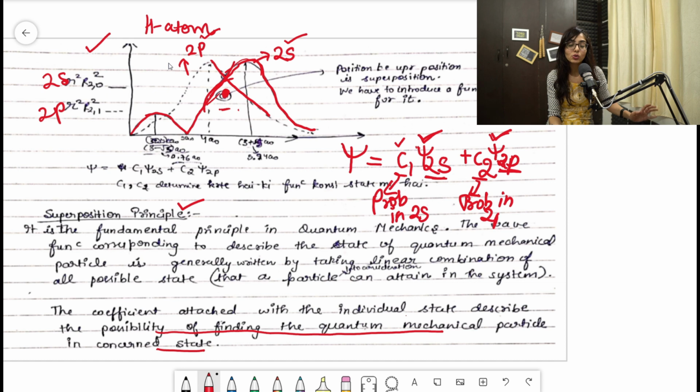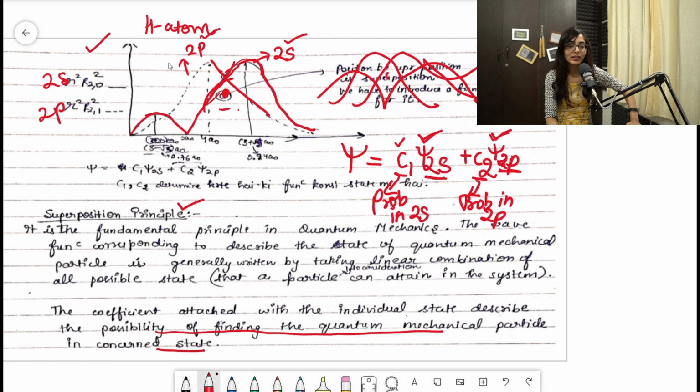And guys, we always go by like this. Suppose there are three wave functions, suppose there are three curves like this, someone is like this, and someone is like this. If someone is asking what is the wave function corresponding to this state, we will take all possible combinations, all three states.